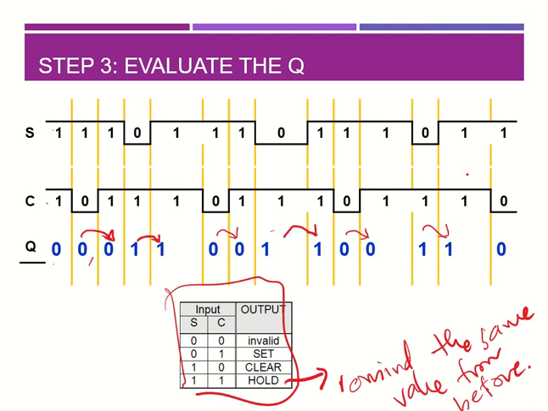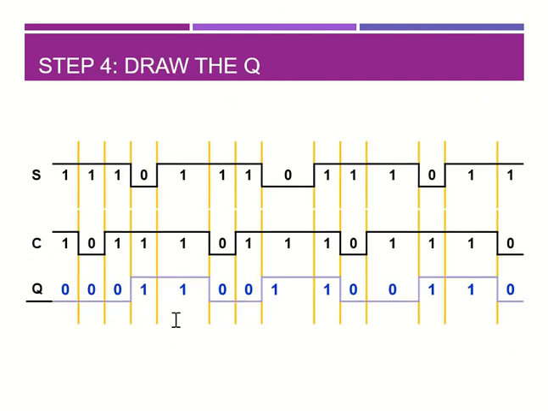So the final result is 0 0 0 1 1 0 0 1 1 0 1 1 and 0. So this is your final answer.